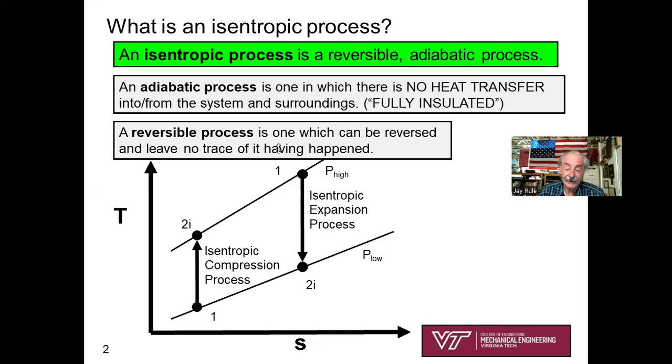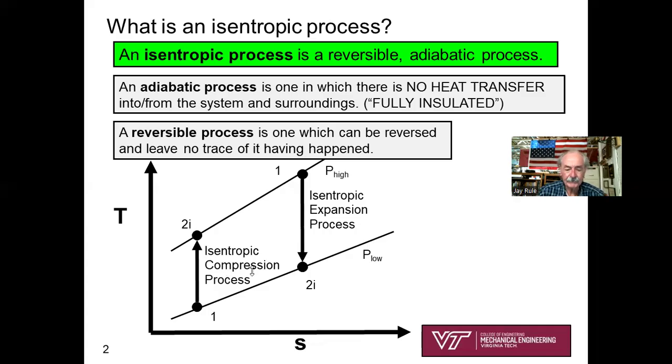On an isentropic TS diagram, if entropy is constant, then our process line is going to be a vertical line. It's either going to be a vertical line going up or a vertical line coming down; either of those is an isentropic process.